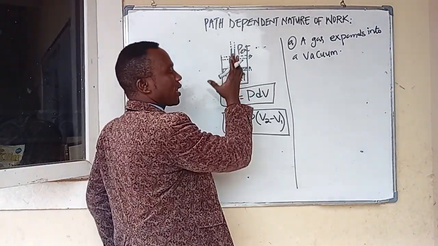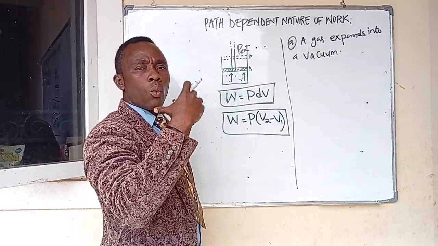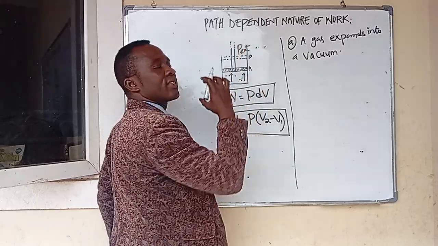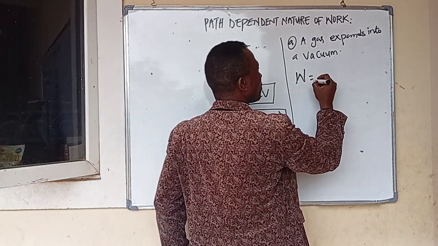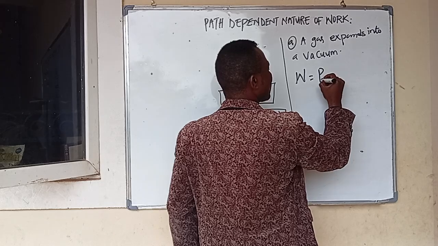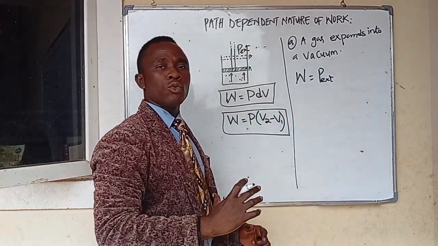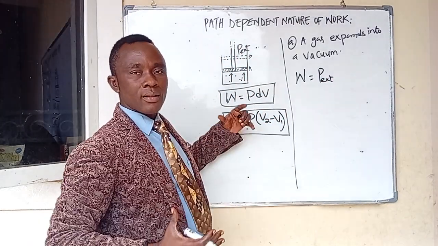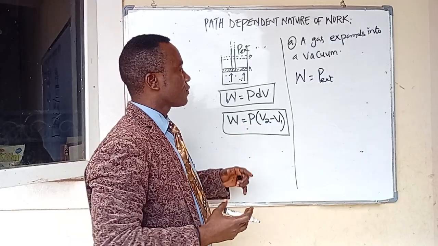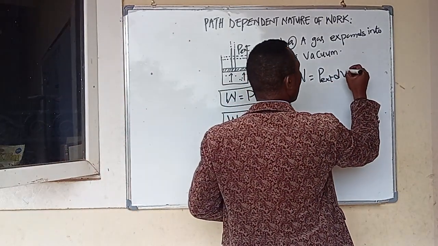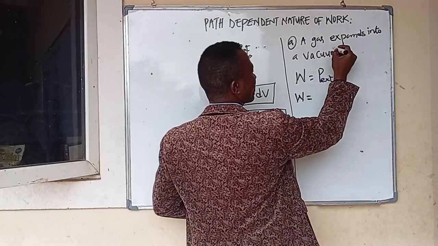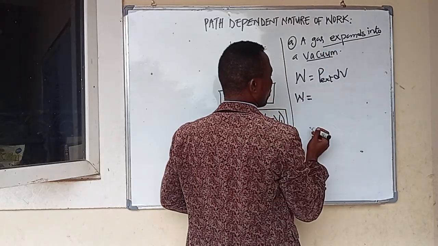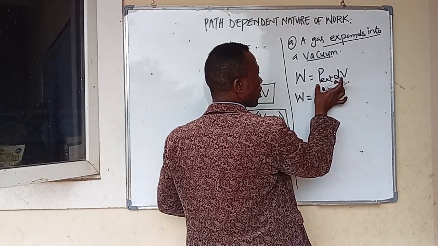The gas is expanding, so it is doing work against exterior pressure. That means that the work done by the gas will be equal to the exterior pressure that the gas is doing work against by expanding, multiplied by change in volume.